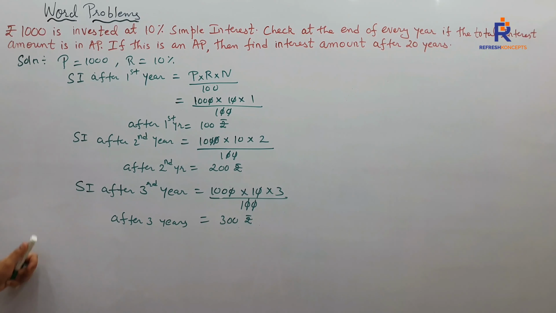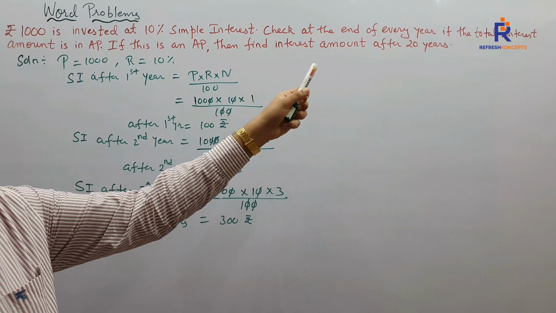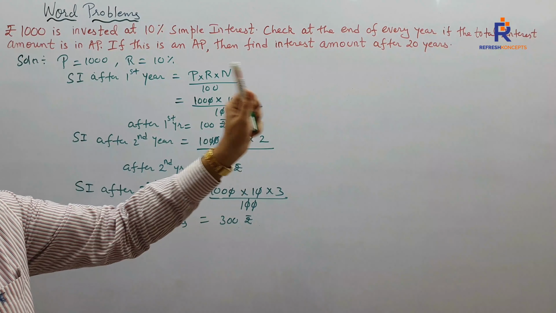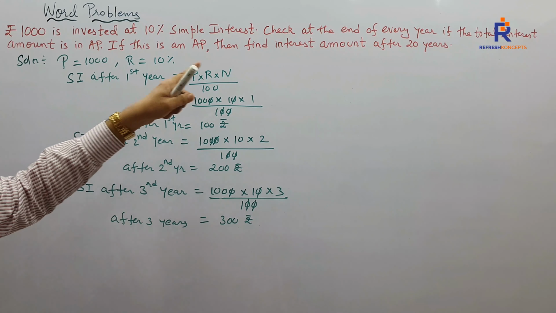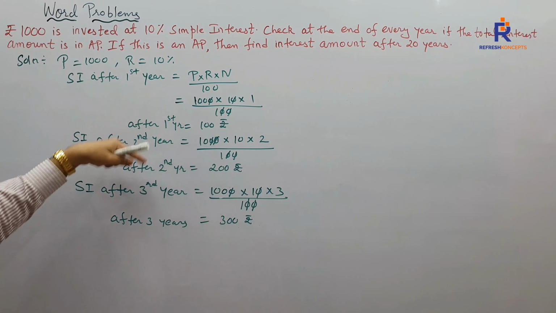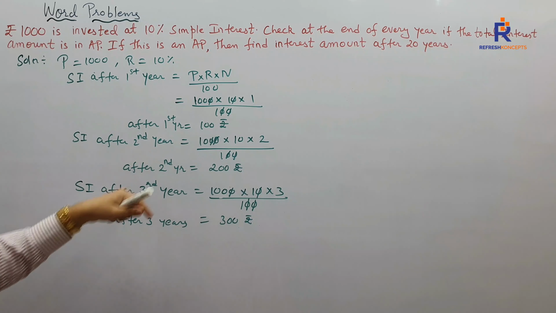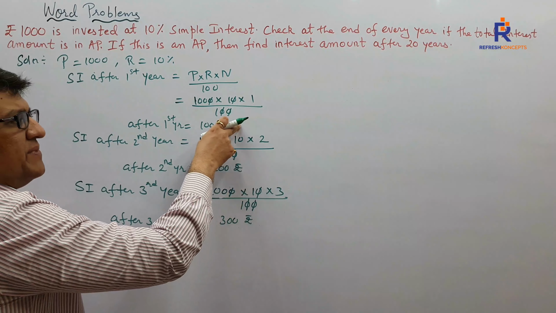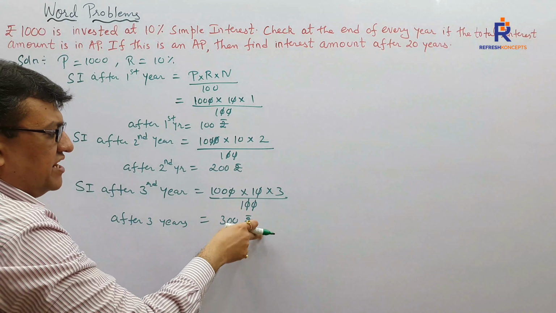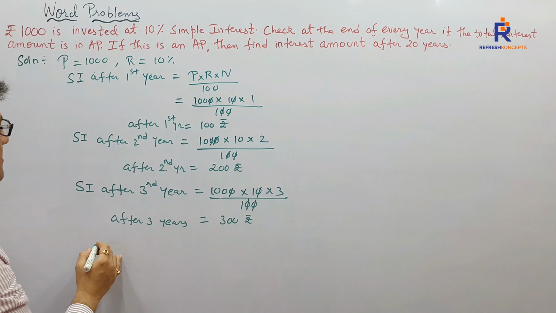What next? I need to check at the end of every year. So I have done, they are there for 20 years, but I've done at least the first 3. What is the difference? 200 minus 100, 100. 300 minus 200, 100.